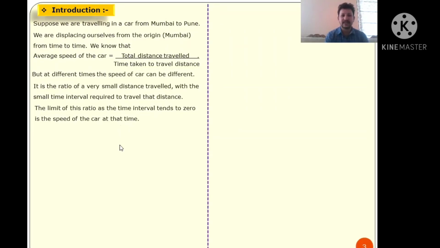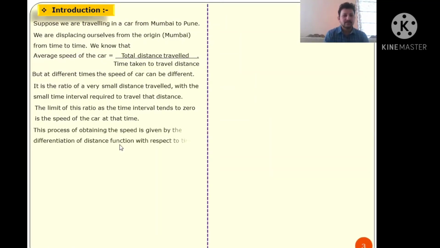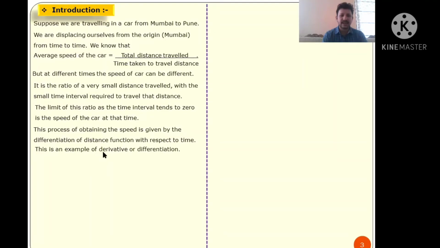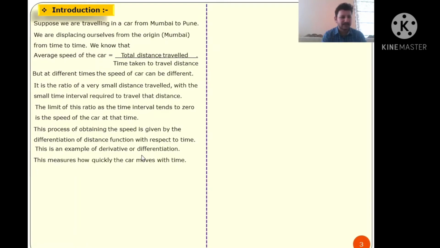We are considering here the smallest distance and smallest time for a ratio. This process of obtaining the speed is given by the differentiation of the distance function with respect to time. This is an example of derivative or differentiation in our daily life.